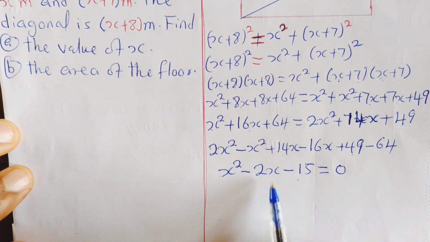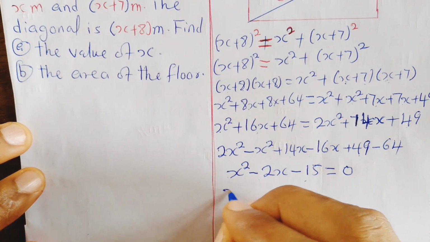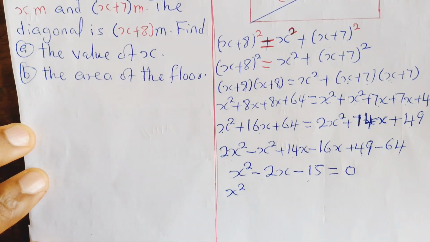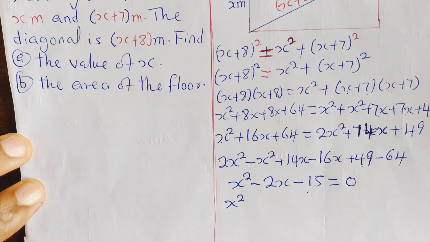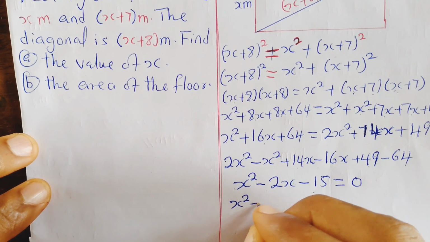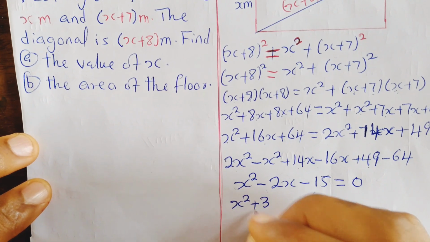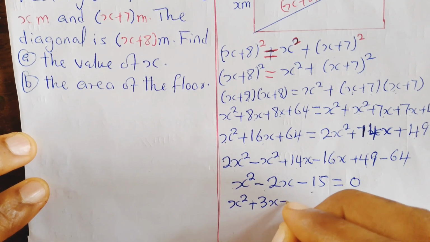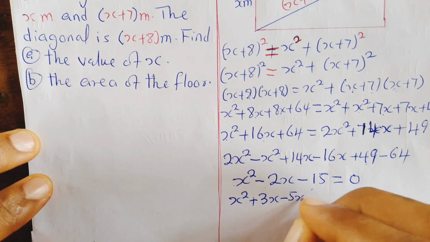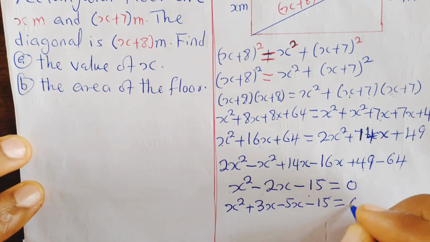So the factors are negative 5 and 3. I'll be having x squared minus 5x plus 3x minus 15 is equal to 0.